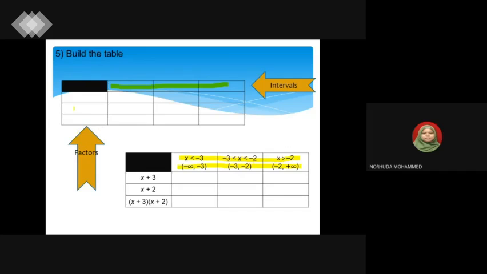And for column 1, we place the factors. So, factor 1, factor 2, and the question. So, factor 1 is x plus 3, factor 2 is x plus 2, and the last one is the product of factor 1 and factor 2, or our question.